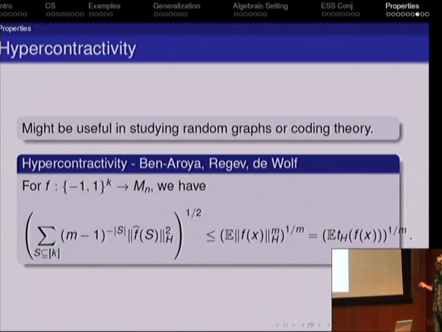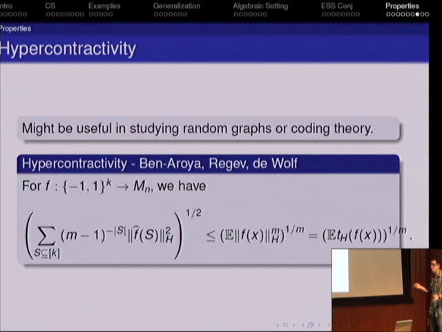And so a possible application, which might be familiar to combinatorists, is the hypercontractivity inequalities, which now have been used a lot in combinatorics. And Ben-Aroya, Regev, and de Wolf showed that you can deduce them from smoothness, from uniform convexity.